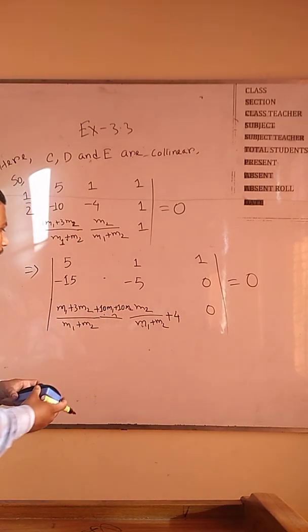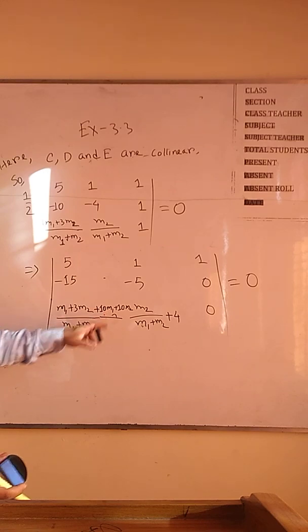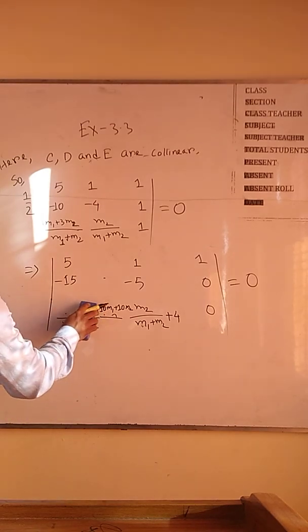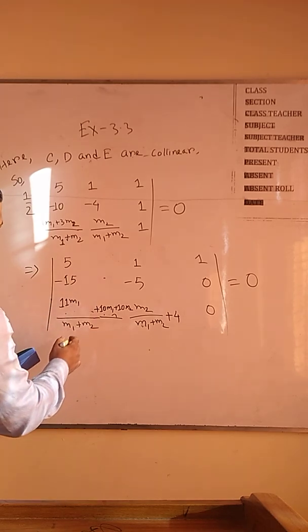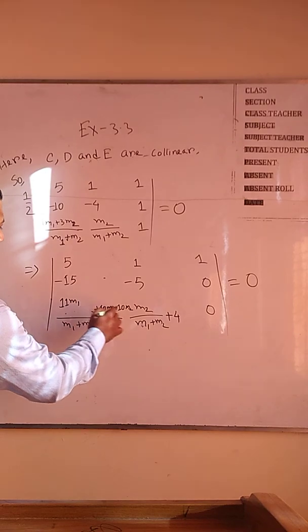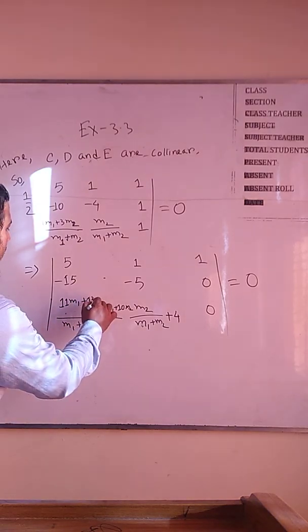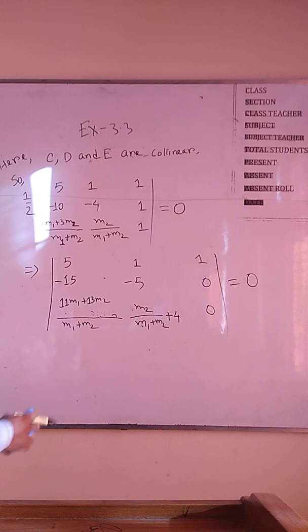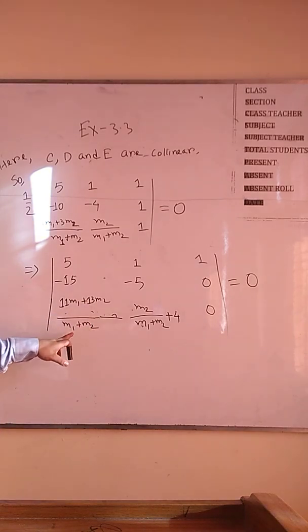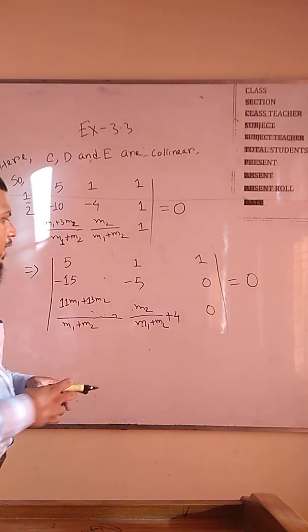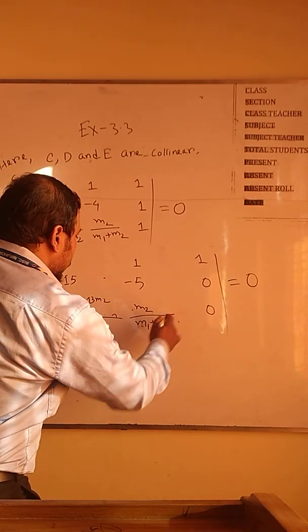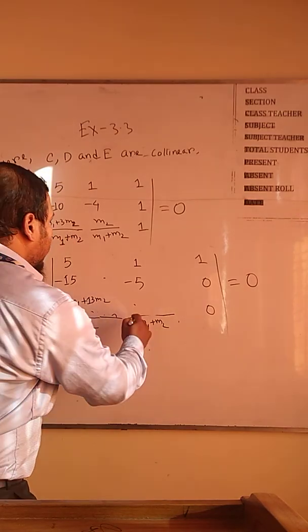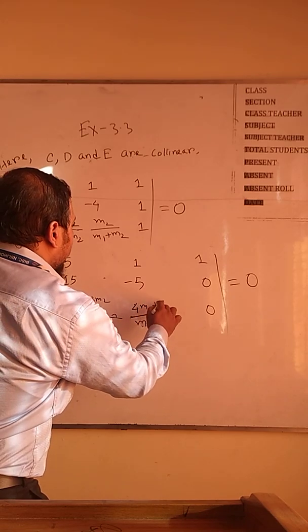So now m1 plus 10m1 will be 11m1, and 3m2 plus 10m2 will be 13m2. So the numerator is 11m1 plus 13m2 divided by m1 plus m2. And if we do the calculation, I am not showing you too much, it will be 4m1 plus 5m2. You have to do it properly at your home.